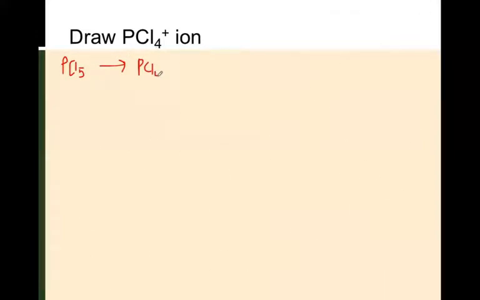So draw the PCl4 plus ion. This means that we have lost a chloride, so we go from PCl5 to PCl4 plus.